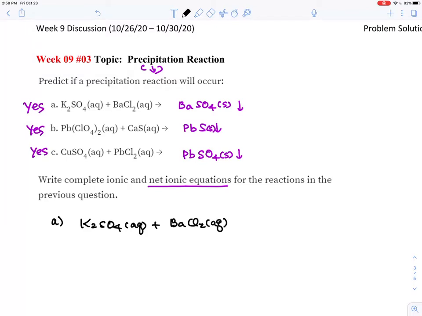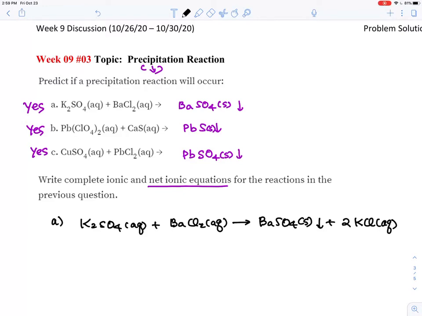The reaction is actually misleadingly simple: they form BaSO4 solid, which is a precipitate, and we just simply switch the partner. So 2 times KCl aqueous.